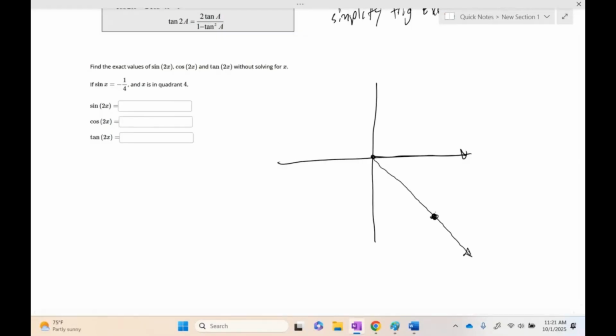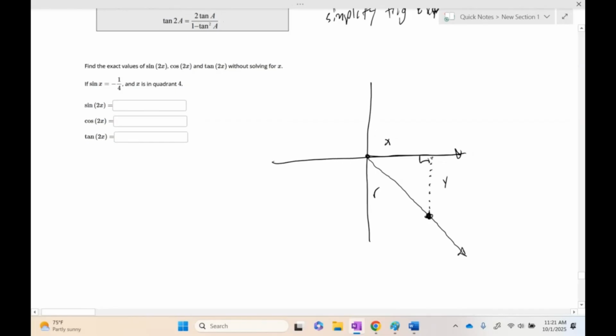I'm going to drop my perpendicular, and then we have x, y, and r. If I can find out x, y, and r, I can use that to find these double angle measures. So that's the first thing.